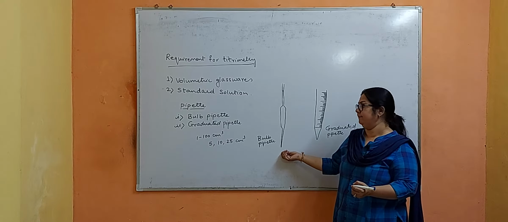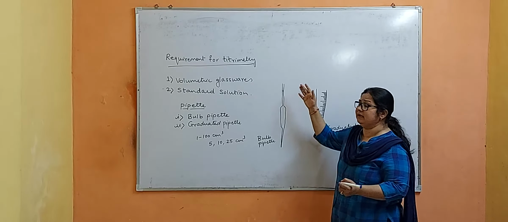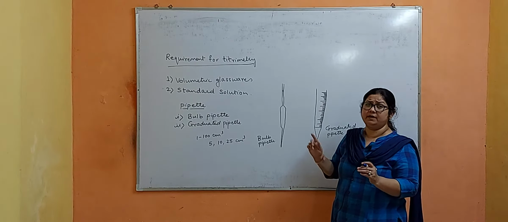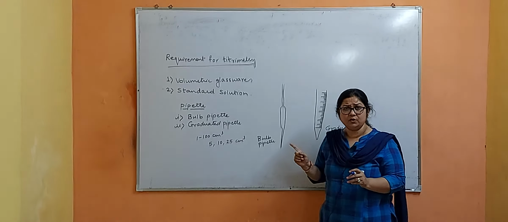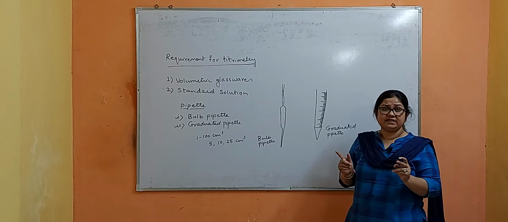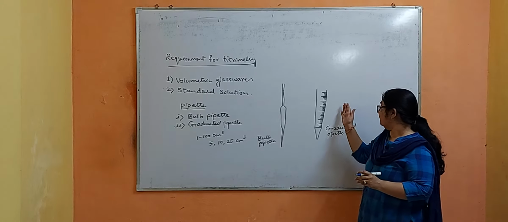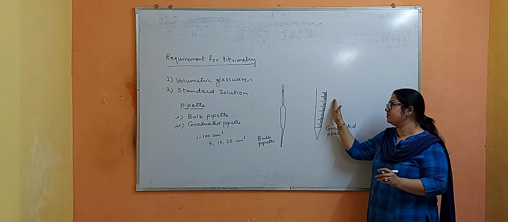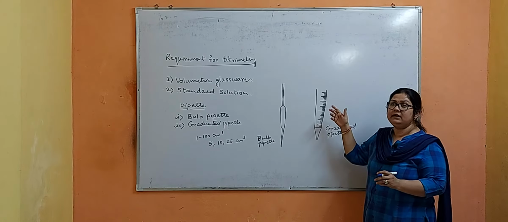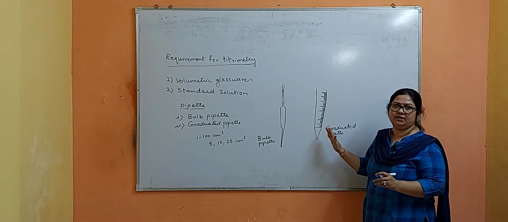Alright, now this is drawn into a narrow delivery tip here. Now this delivers a fixed volume. If you have taken a pipette of 5 cm³, you can deliver only 5 cm³. If you have taken the pipette of 10, it will deliver 10 cm³. Now see, in graduated pipette, this is not the case. It will deliver as per the graduation marks on it.